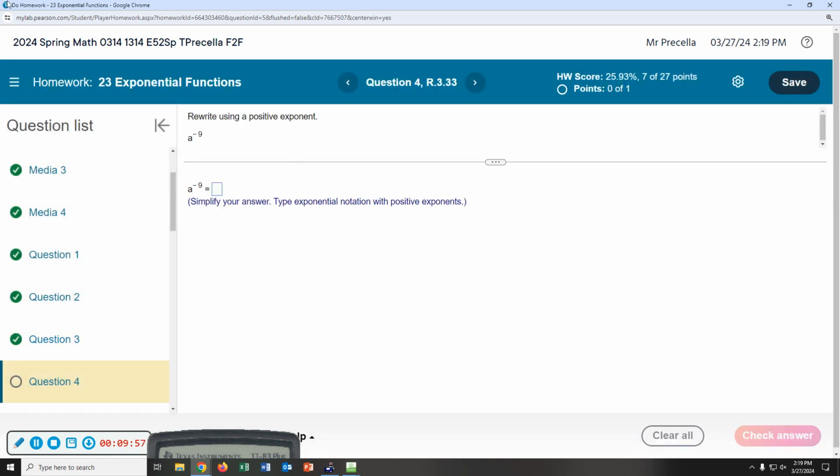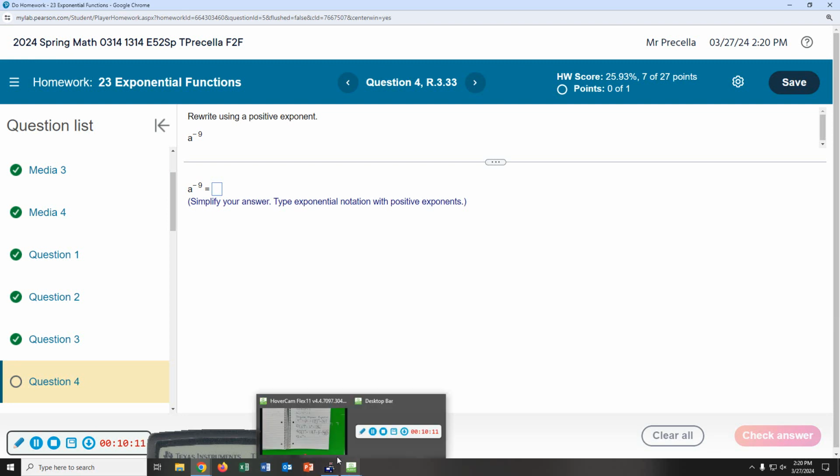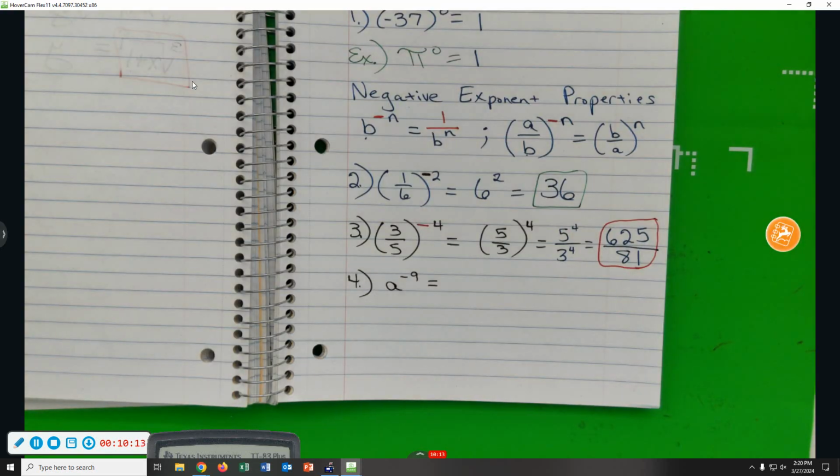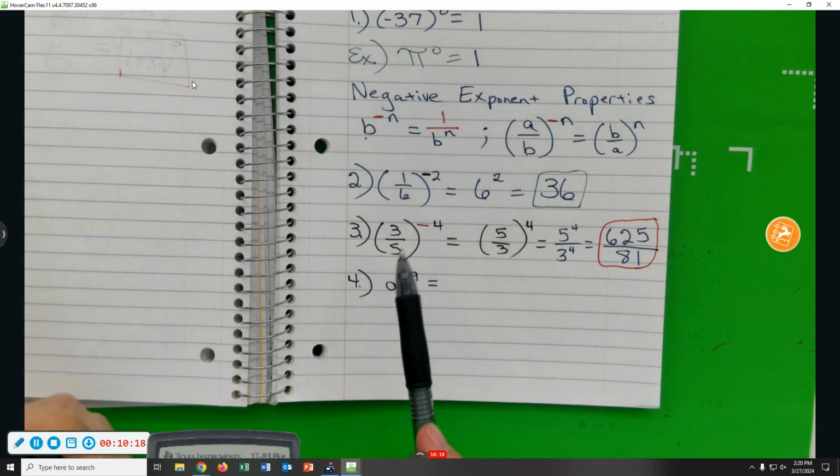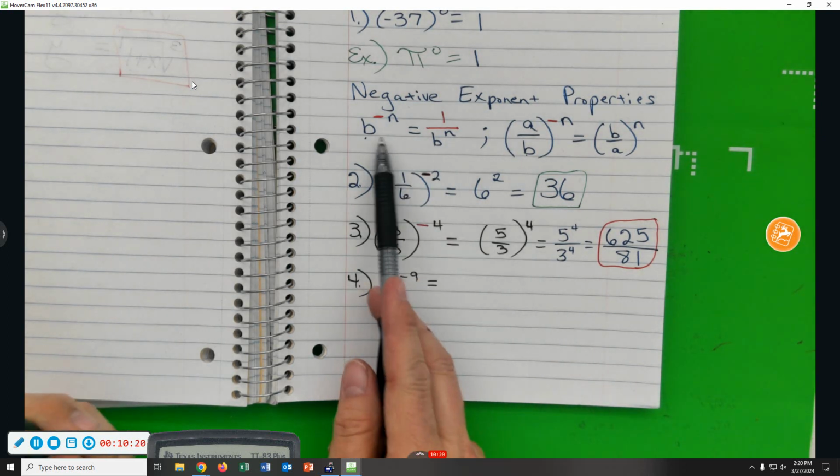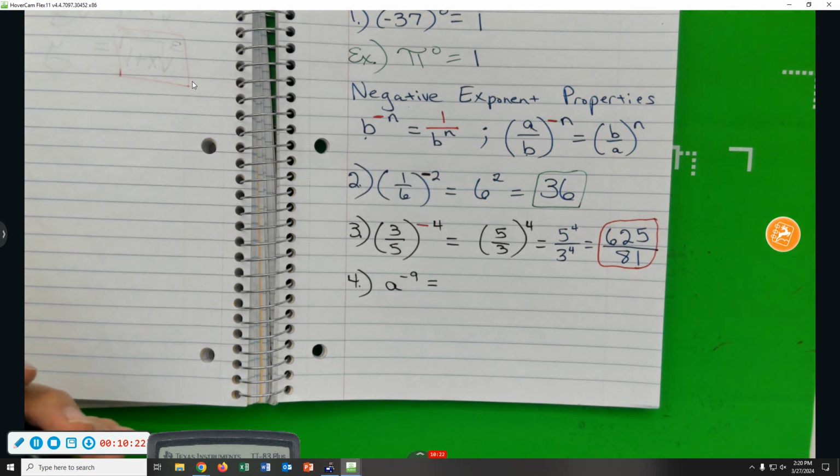And number 4, let me write it down. a to the negative 9. Well, this one looks more like the first statement I wrote concerning negative exponents.